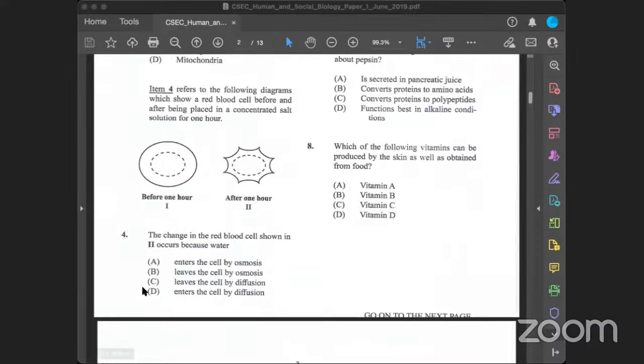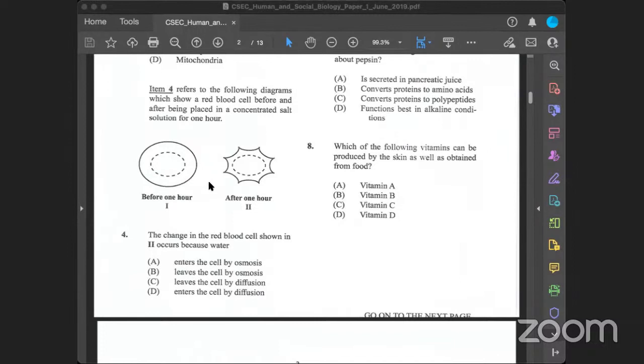Let's read this one here. Item 4 refers to the following diagram, which shows a red blood cell before and after being placed in a concentrated solution. So the red blood cell will be an example of an animal cell. If we place it inside a concentrated solution, you expect to see some changes in that cell.